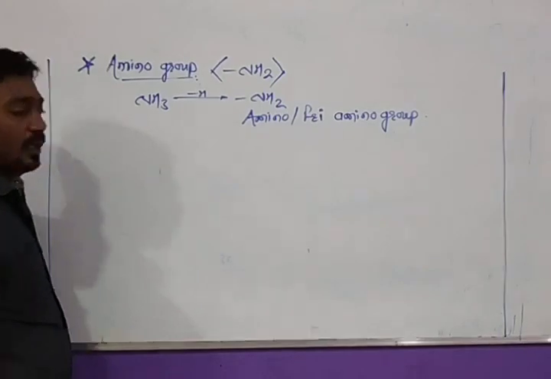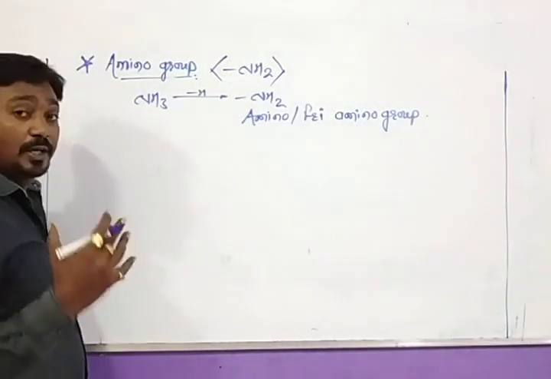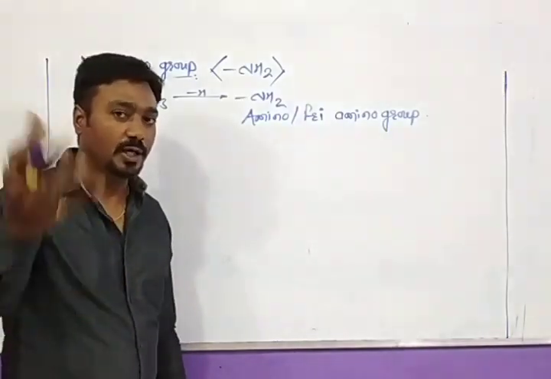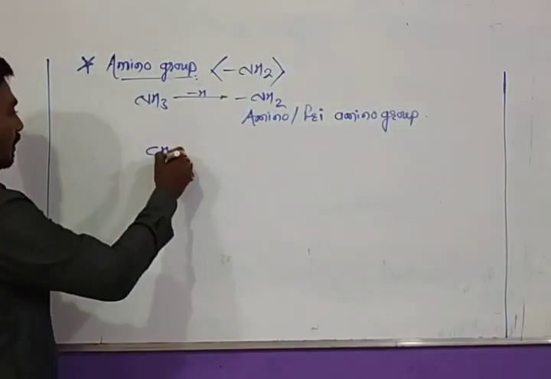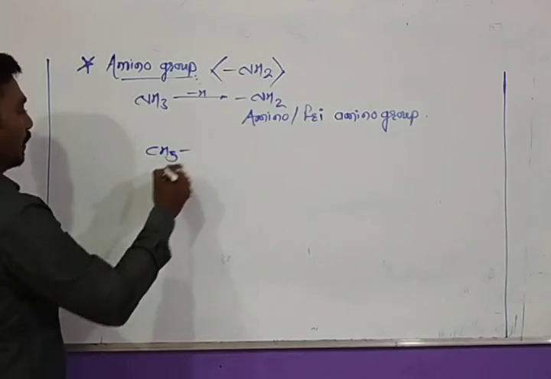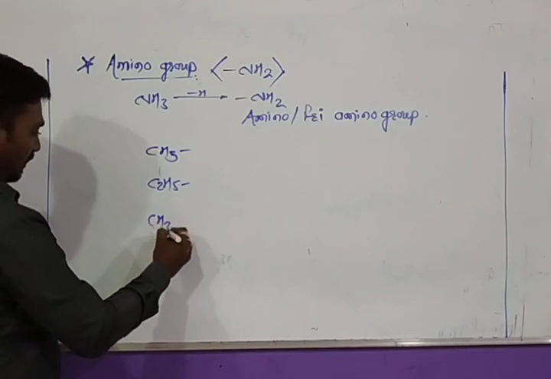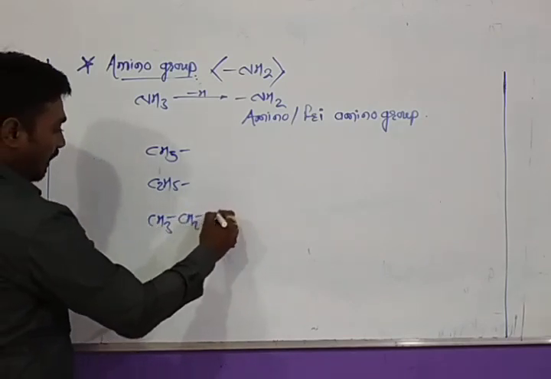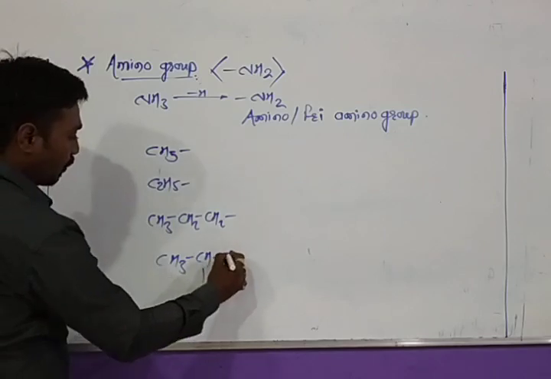Now, let us take some examples by using the alkyl groups that we have discussed in our previous lecture. Look, this is methyl group, this is ethyl group, this is N-propyl group, and this is isopropyl group.